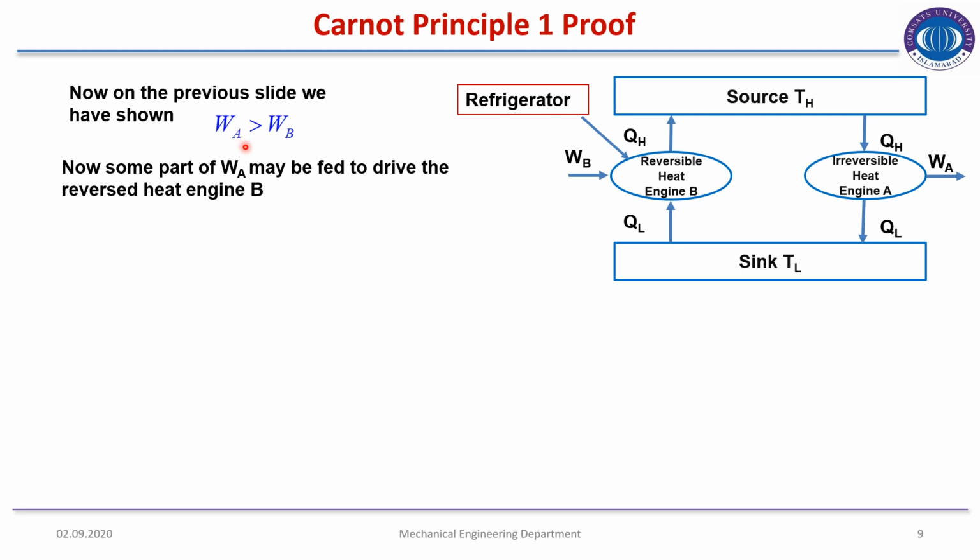On the previous slide, we have proved that efficiency WA is greater than WB.